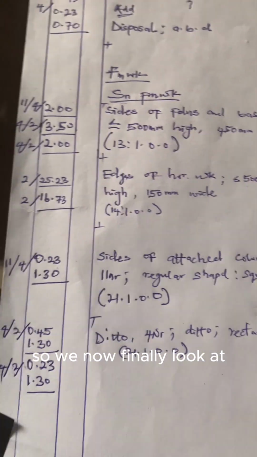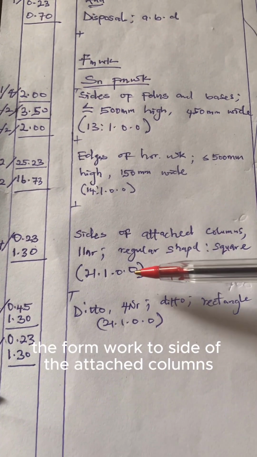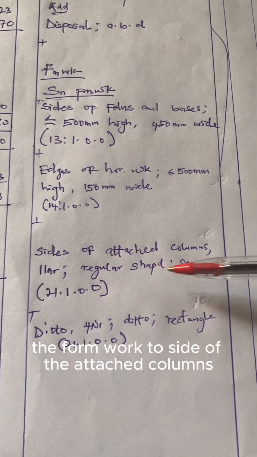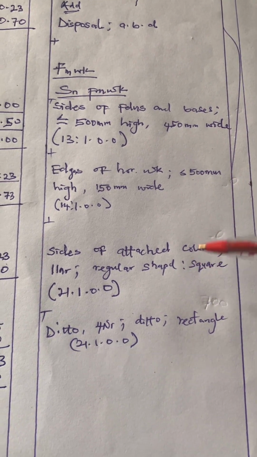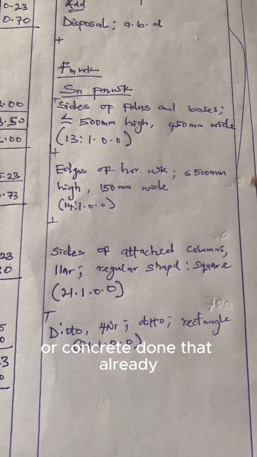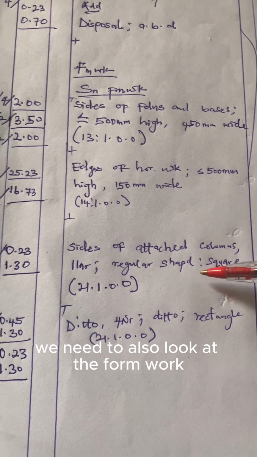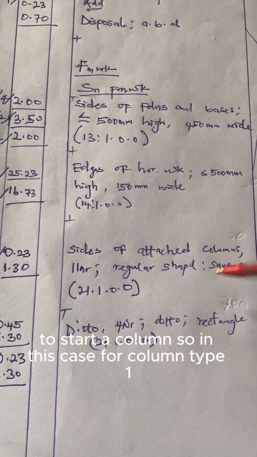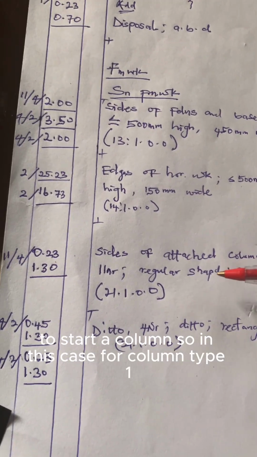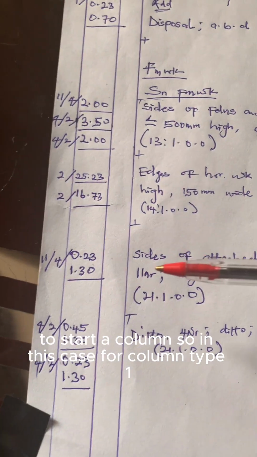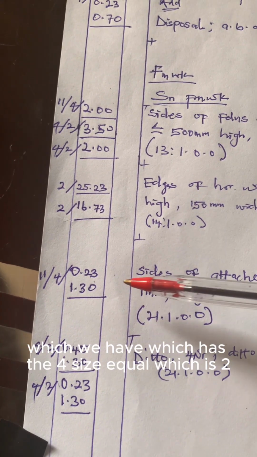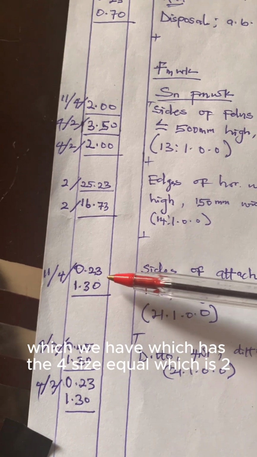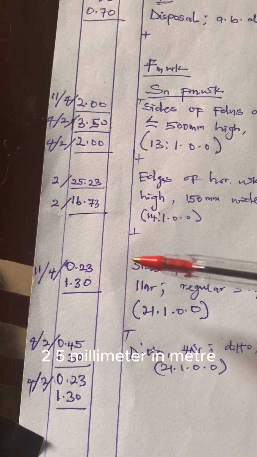So we now finally look at the formwork to side of the attached columns, because since we have starter columns of concrete, we've done that already, we need to also look at the formwork to starter column. So in this case, for column type 1, which has the 4 sides equal, which is 225 millimeter.